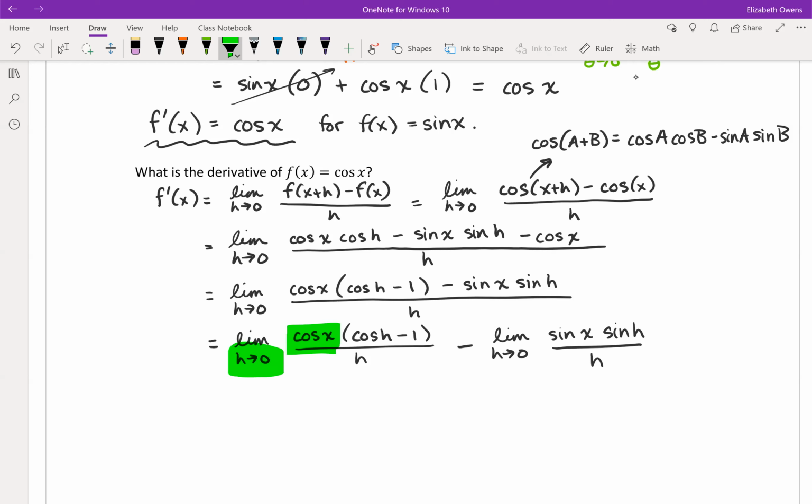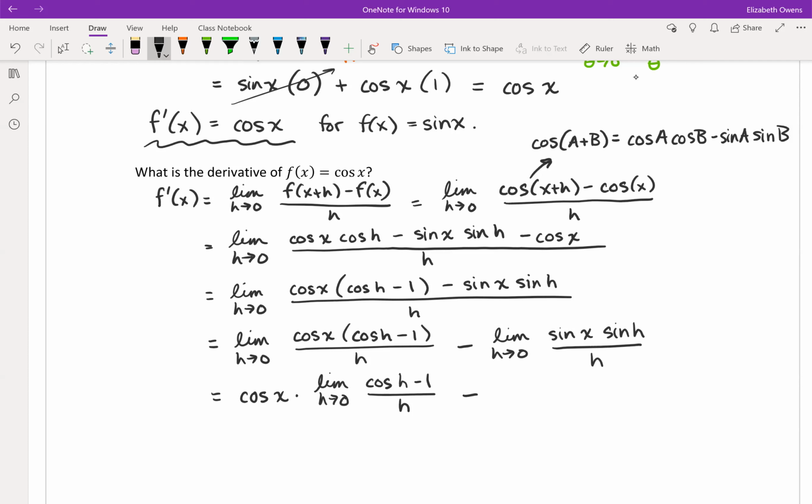It's just got x. We can take it out of the limit because it is not going to be affected. So cosine x is just going to multiply this first limit here: the limit as h approaches 0 of the remaining terms, cosine of h minus 1 over h.